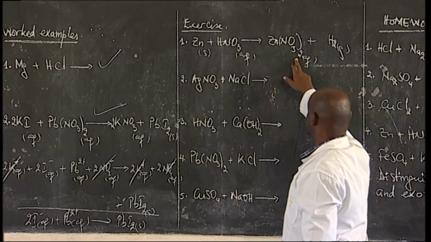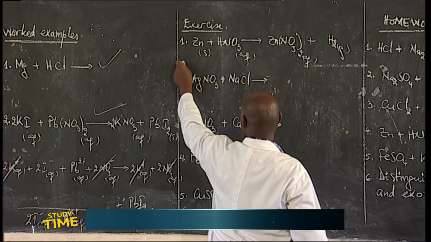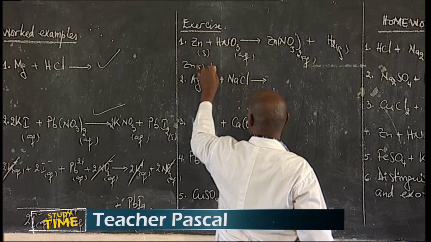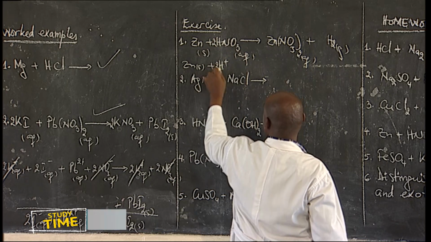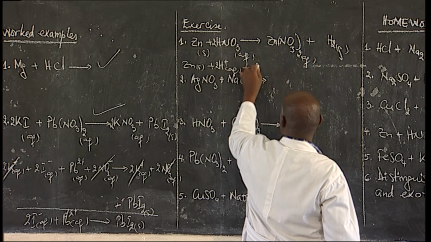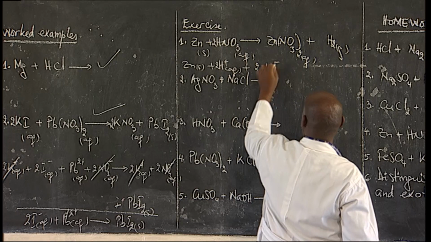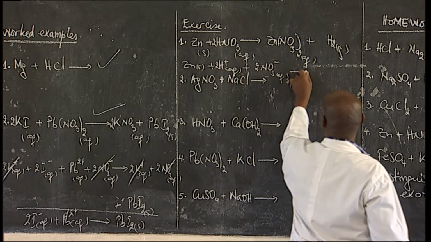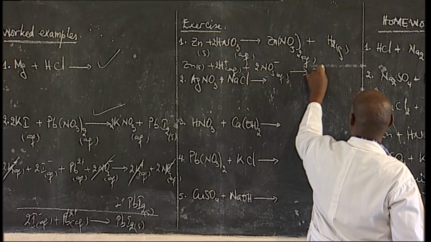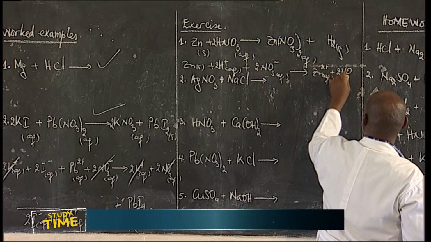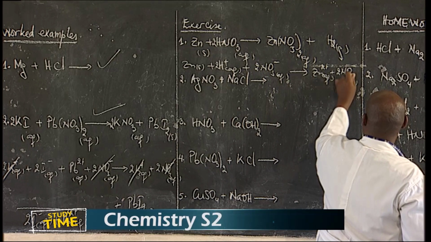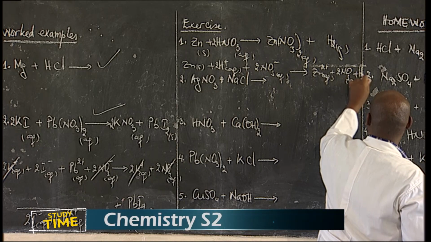And nitric acid is aqueous, so we have zinc solid plus H positive plus 2NO3 negative, and we produce zinc 2 plus, 2 nitrate ions and hydrogen gas.